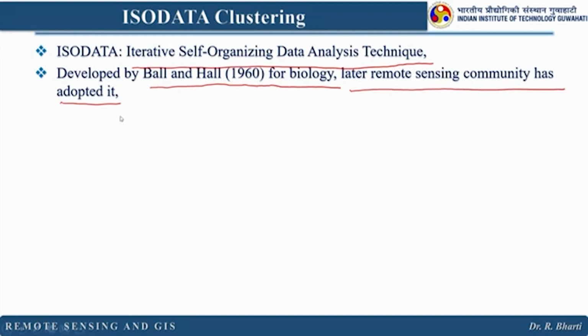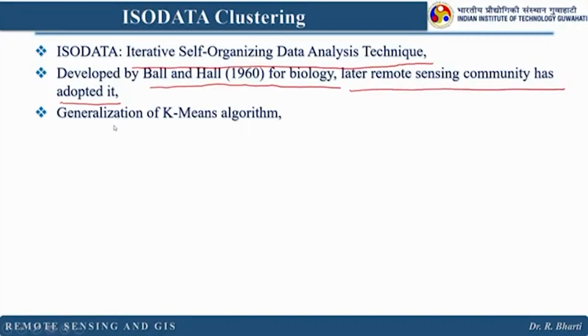So you can see it is not necessary that you should be an expert in remote sensing, but you can use your basic understanding to propose something new. Once you are comfortable with the basics of remote sensing, you can apply your knowledge to progressively enhance or change the methods which people are using in some process. It is a generalization of the k-means algorithm.